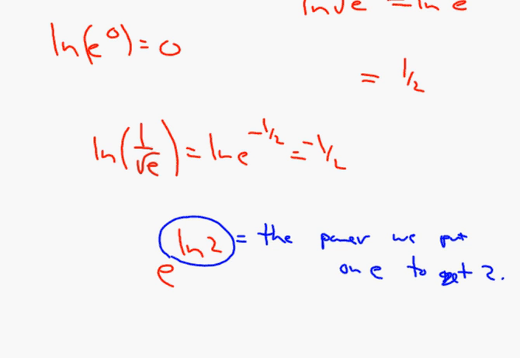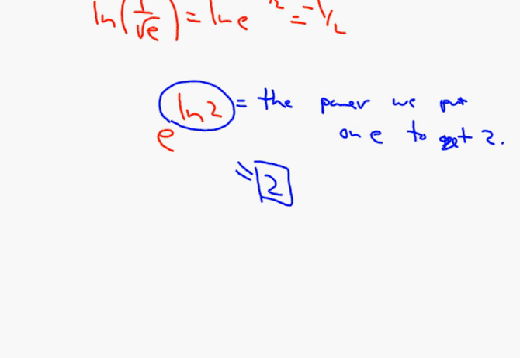That's what ln of 2 is asking. Now, chances are you don't know what that number is, but it doesn't matter. I'm putting that number on e, so by definition, I have to get 2. So e to the ln of 2 is just 2.